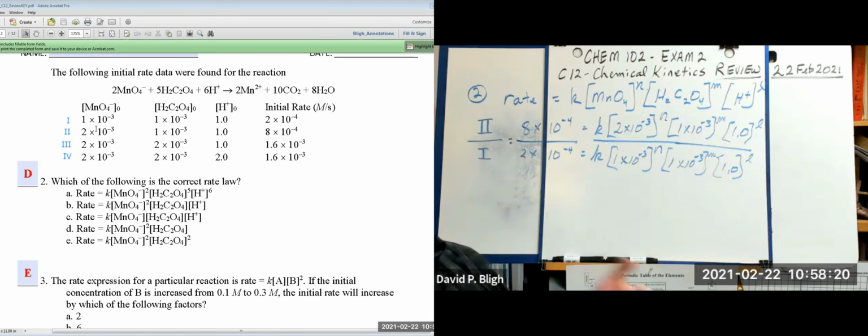O3 squared. O3 times O3 divided by O2. Okay? These all the constants, those variable constants, are combined into a single K value.